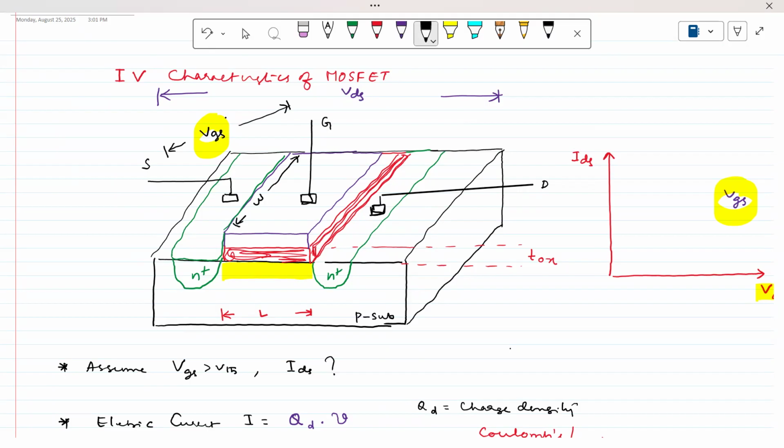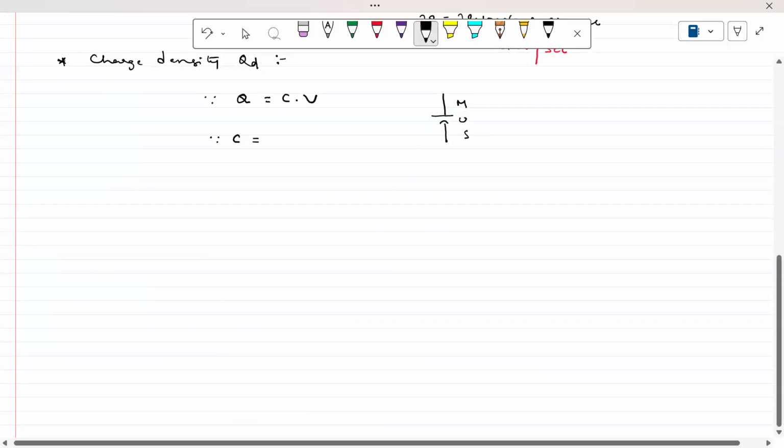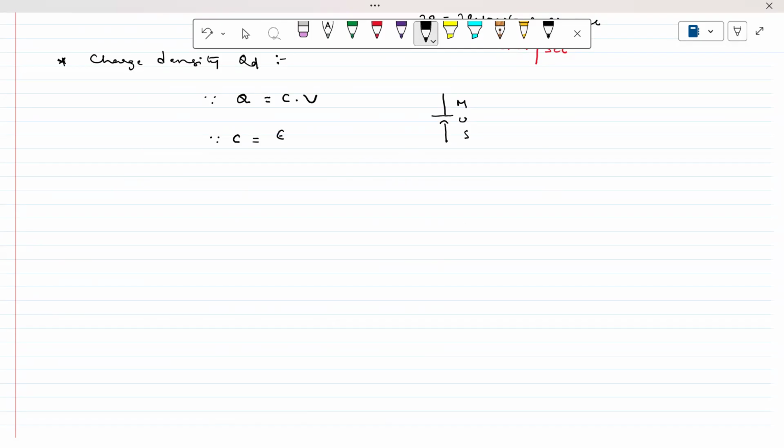So fundamentally, what is the C here? The C is nothing but epsilon A divided by T. This is the fundamental equation to calculate the capacitance.